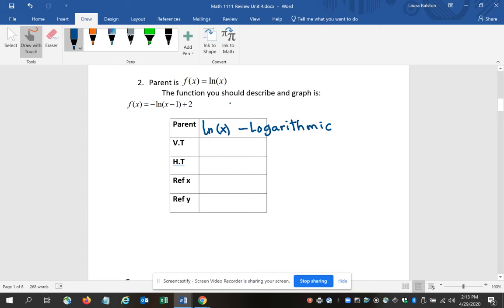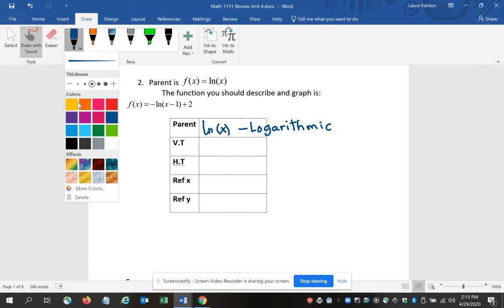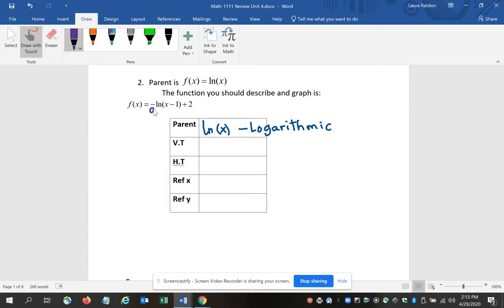The function that we need to deal with is the opposite of the natural log of x minus 1 plus 2. Again, you want to identify your A, B, and C. Remember, A is the number out front. B is inside with the parentheses with the x. C is the constant inside, and then D is tagged at the end.